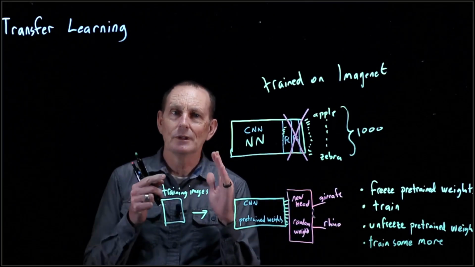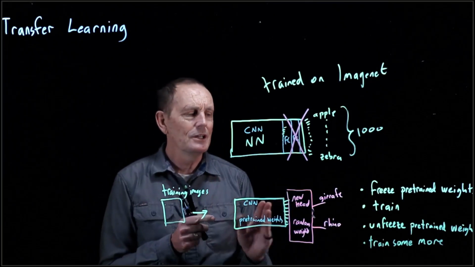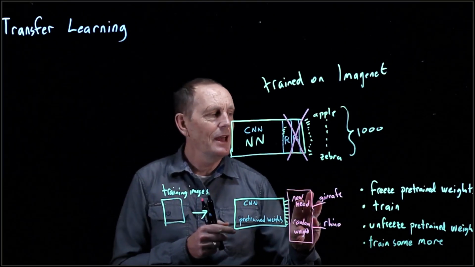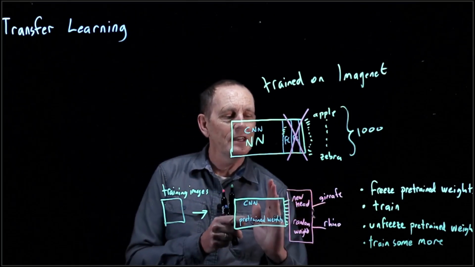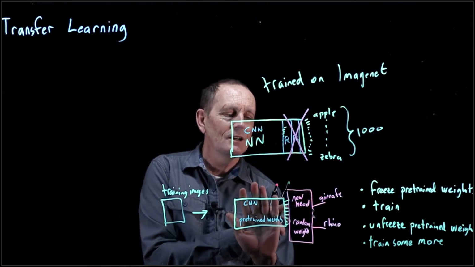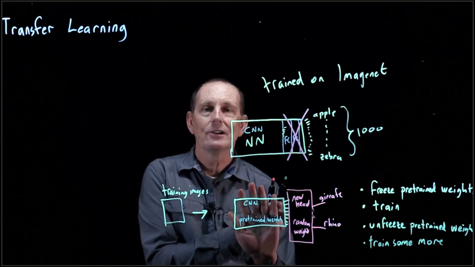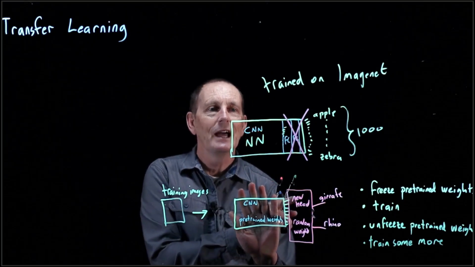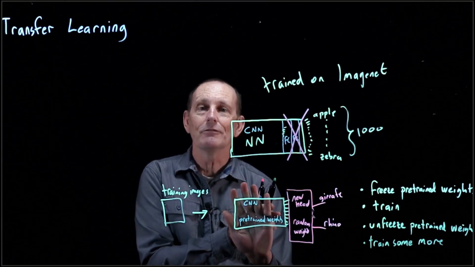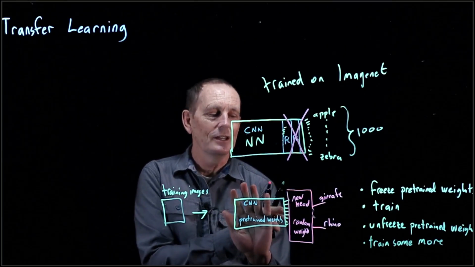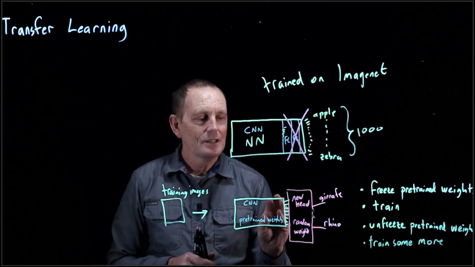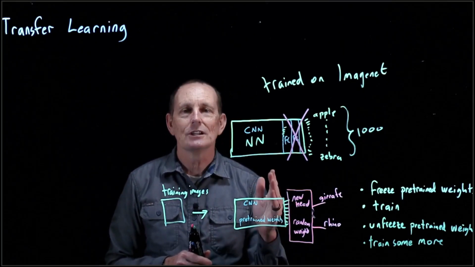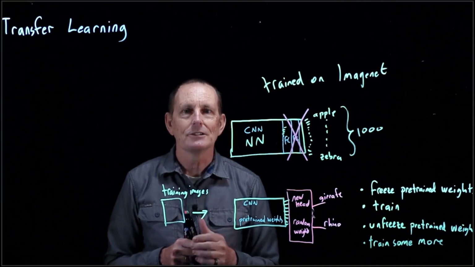If you want to get really good at this, what you would do is you would say, okay, we're going to go ahead and freeze the pre-trained weights and do some training. Then we're going to just unfreeze the last layer of the pre-trained weights and do some training. And then unfreeze the last 2 layers and train, last 3 layers, and so on, so that we can get this successive progression of careful fine-tuning.